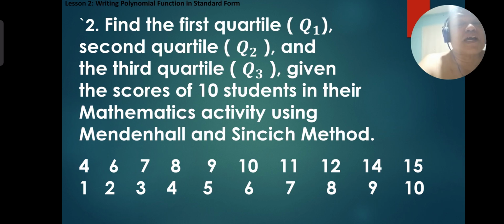We assign their positions: 4 is 1, 6 is 2, 7 is 3, 8 is 4, until 15 is 10, because there are 10 scores of 10 students.